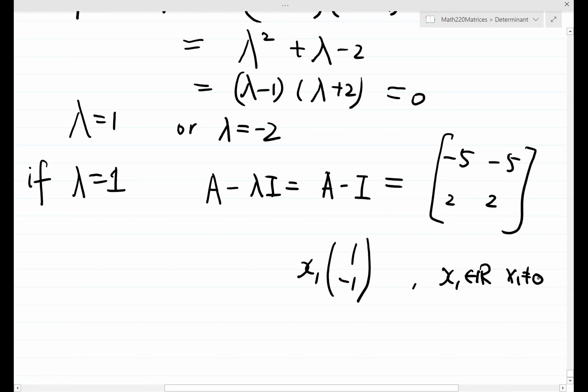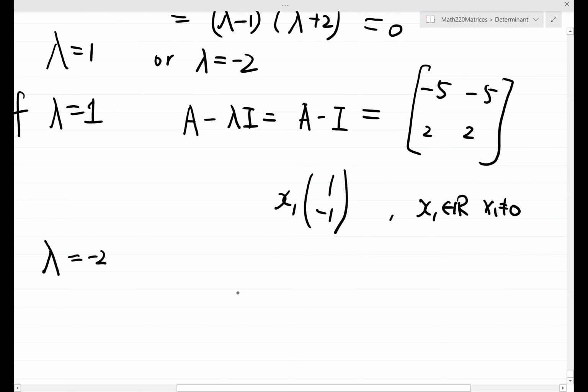Now if lambda equals -2, you find the eigenvectors are x1 times this vector. Once you find lambda, you find the null space.